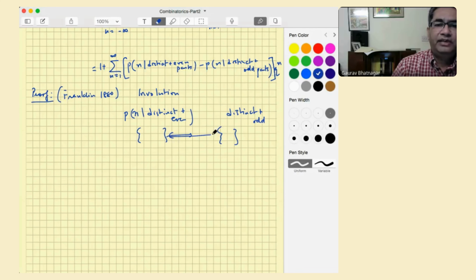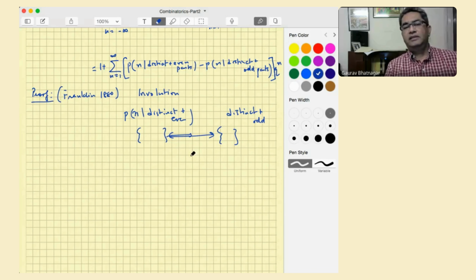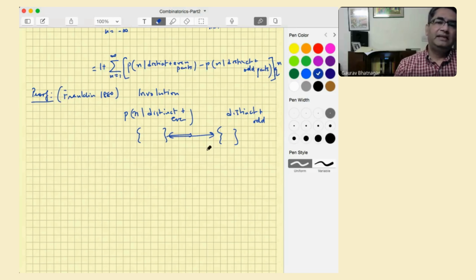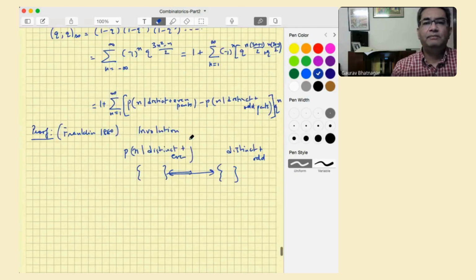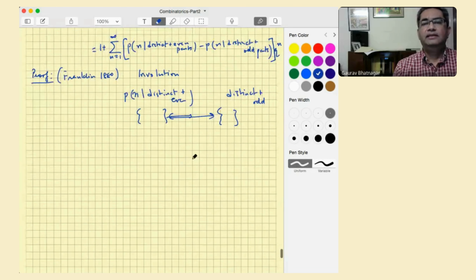And he's able to send one to the other and the other to this one, except in a few cases. And so you have an inverse mapping, except in a few cases, which happen to be these guys. So they're always equal except for a few exceptional cases.